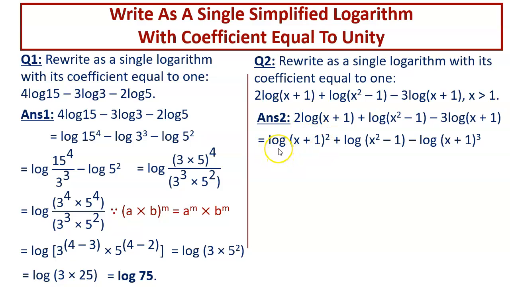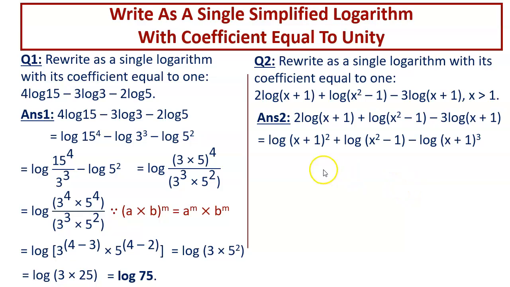So the first term becomes log of x plus 1 whole raised to the power of 2 plus this had a coefficient of 1, so it stays as it is, plus log of x to the power of 2 minus 1, and this one, the third term, is minus log of x plus 1 whole raised to the power of 3.